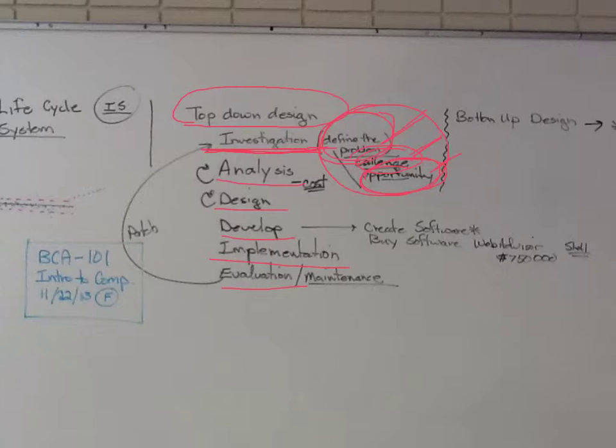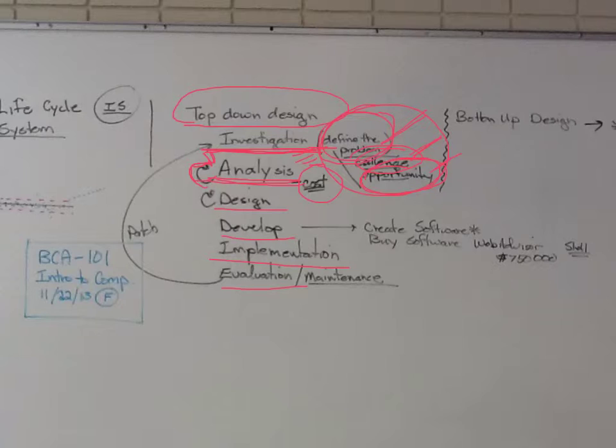You cannot start analyzing until you know exactly what you're investigating. Then we have the analysis stage. In there we will do a cost-benefit analysis of whether this makes sense. Then we get lots of feedback. We analyze some things, bring them back, have people look at them, reanalyze them, and so forth.